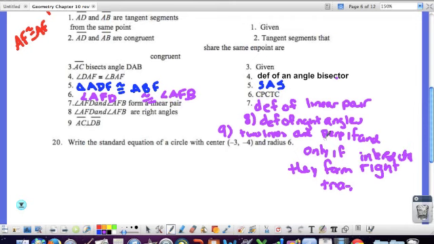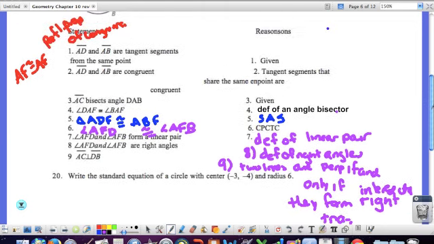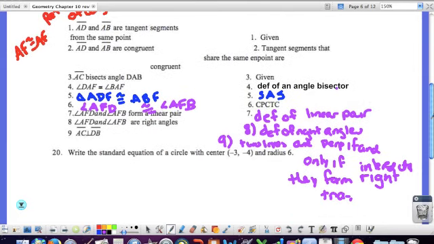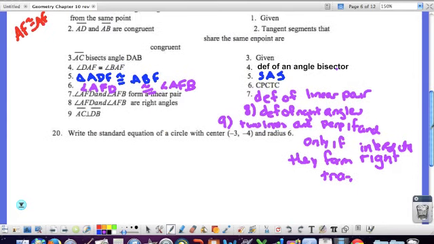I think you could probably have also just used definition of perpendicular there. If you have two lines formed by right angles, then they're perpendicular. Once again, this is going to be from a list of a bank, so you will have choices there.